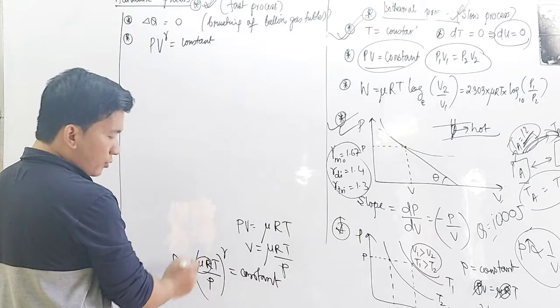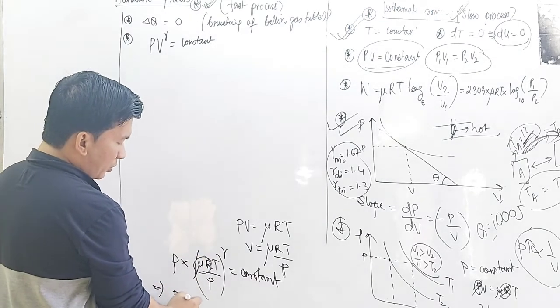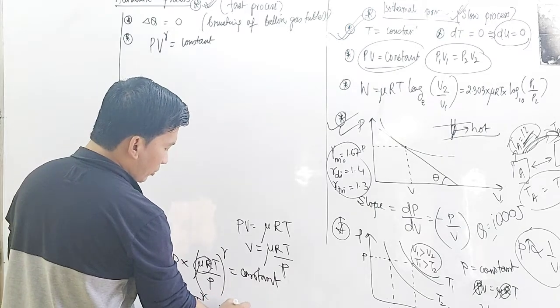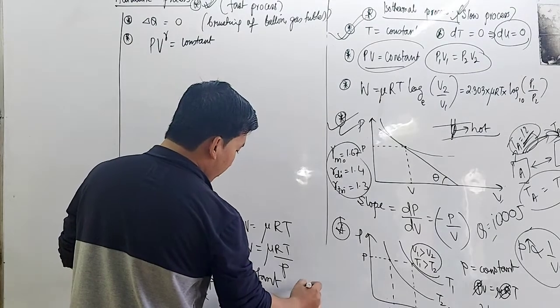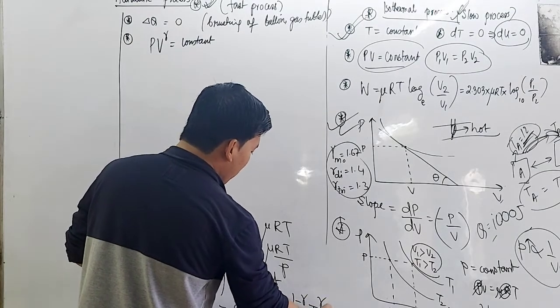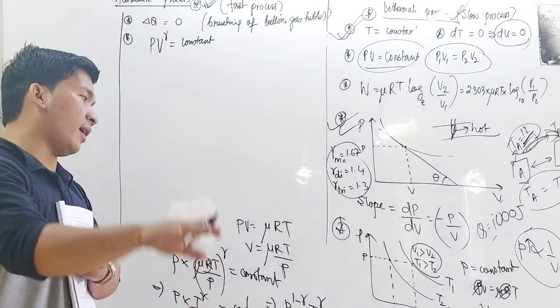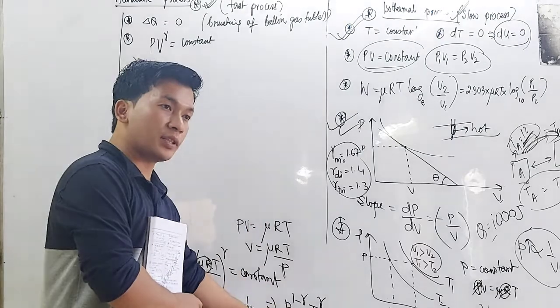Now mu R is constant, so we will not consider it. Therefore, P into T raised to power gamma, P raised to power gamma, equal to constant. And here P to the power 1 minus gamma and T to the power gamma will be equal to constant. So, if adiabatic process is being asked and the variables are pressure and temperature, you have to use this equation.